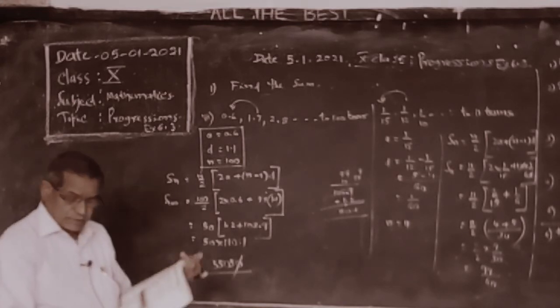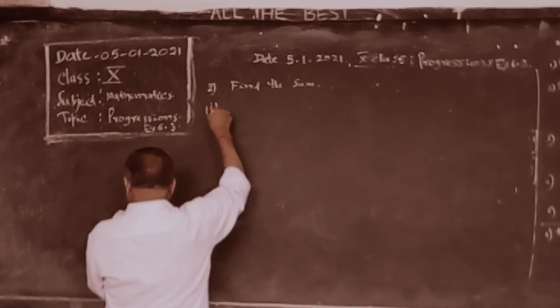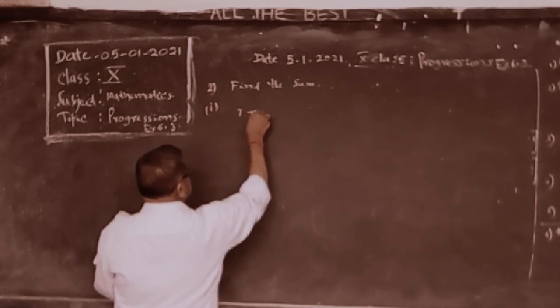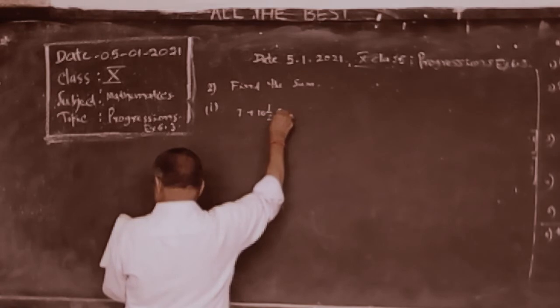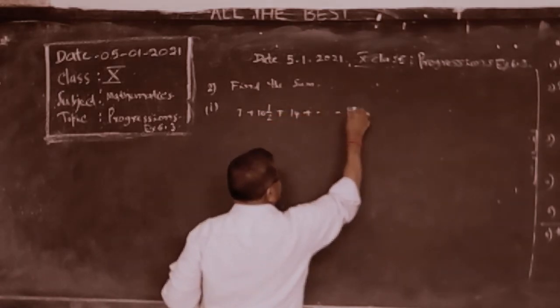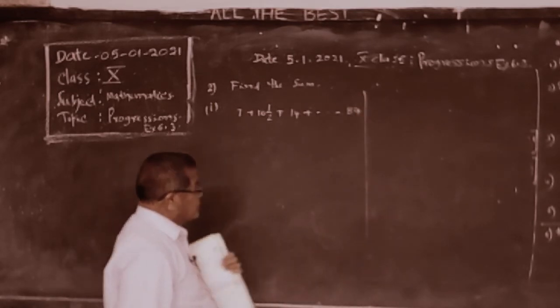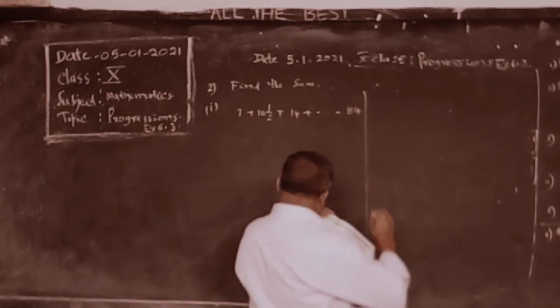And one more I will explain. Second one: 7 plus 10 and a half plus 14 plus dash dash 84. The first term and last term are given, n is not given, but the series is given.